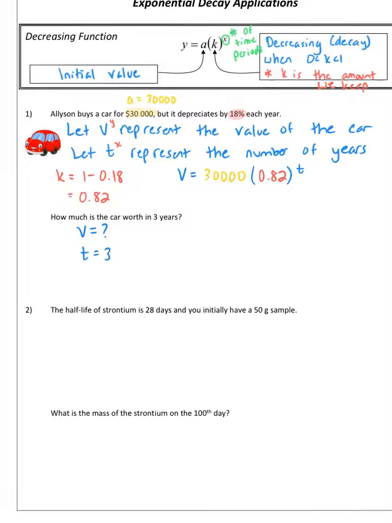And the time period is 3 years. So it's going to depreciate 3 times in 3 years because it depreciates by 18% each year. So V equals 30,000, 0.82 to the exponent 3, and then just substitute that into your calculator. So you get an answer of $16,541.04. I left 2 decimal places as we're discussing money.